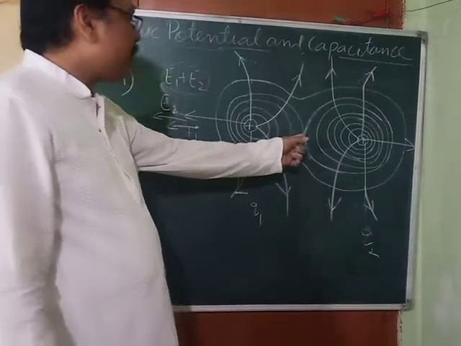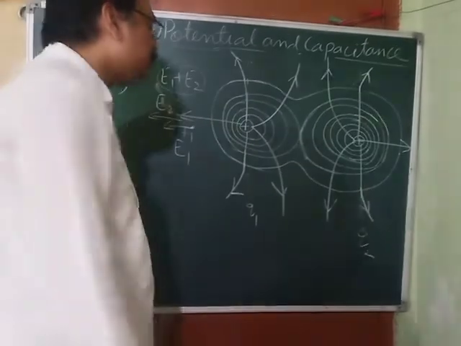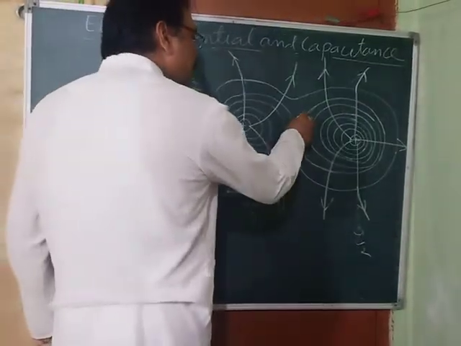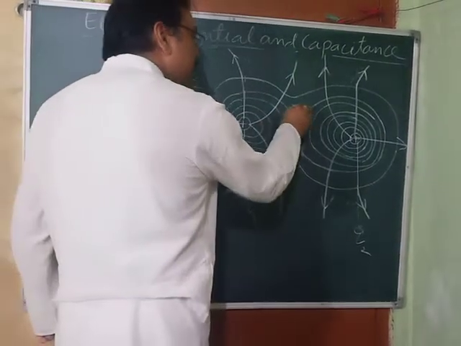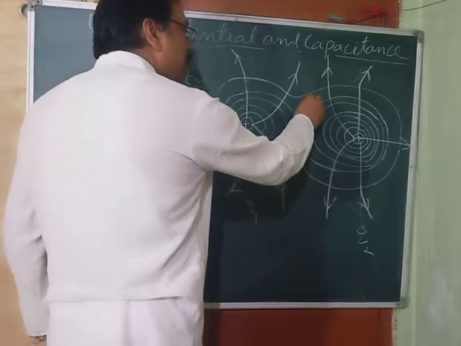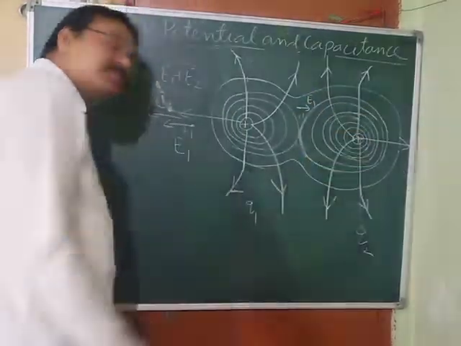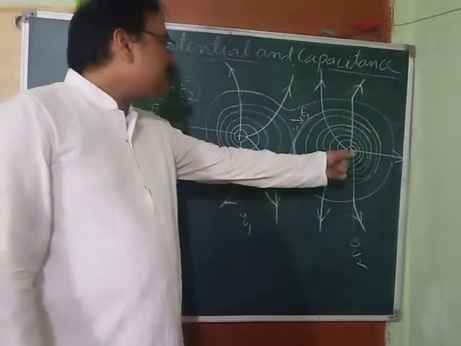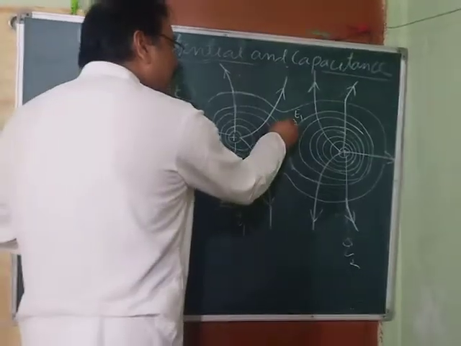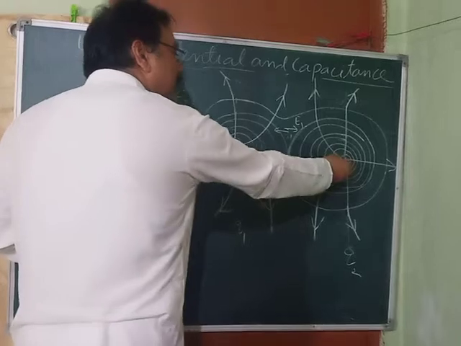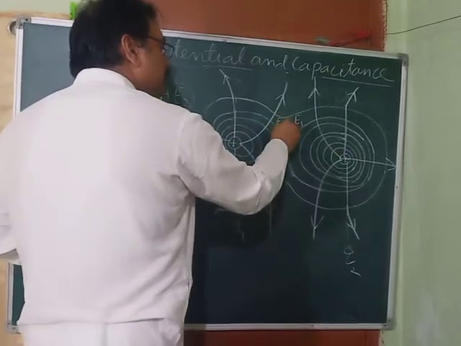Now let's see what happens over here if we place a +1 coulomb positive charge. This charge will repel it in this direction, so the electric field due to this, E1, is in that direction. This other charge will repel the 1 coulomb charge in this direction, so the electric field due to this charge, E2, is in this direction.